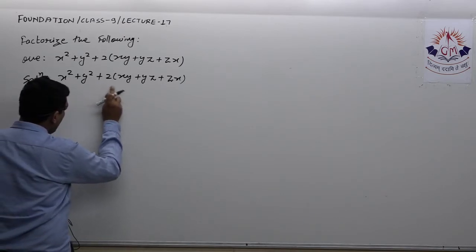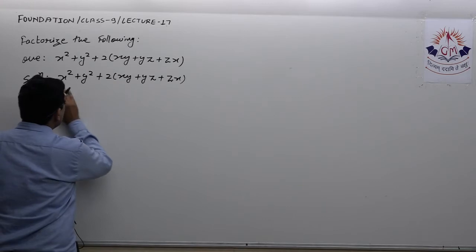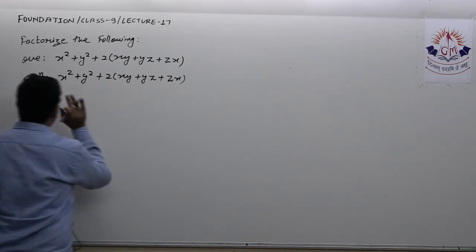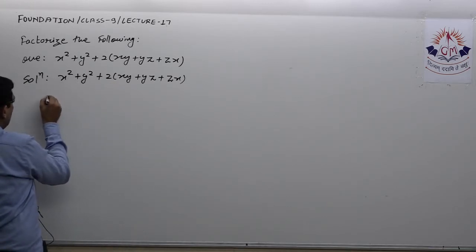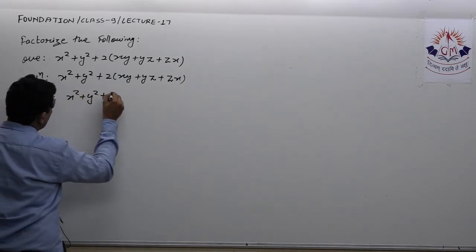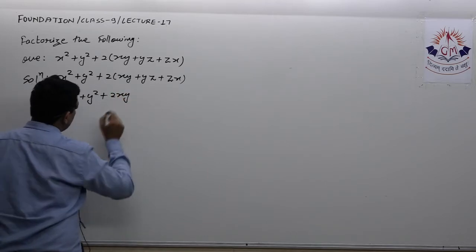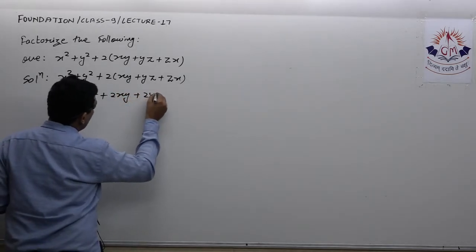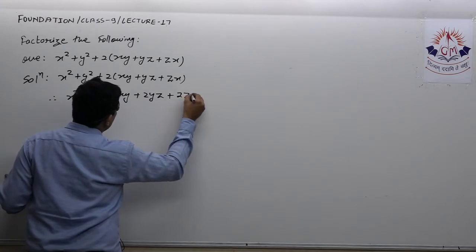So here you can see when I multiply 2 with this xy, definitely I am going to get 2xy. So here I can write x square plus y square plus 2xy plus 2yz plus 2zx.